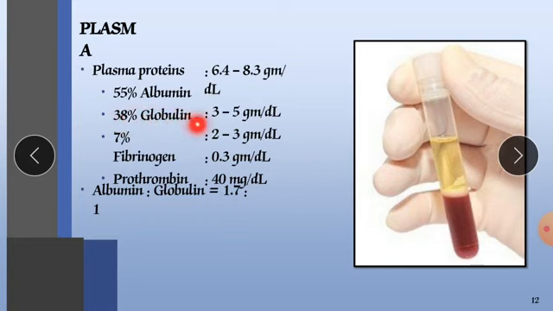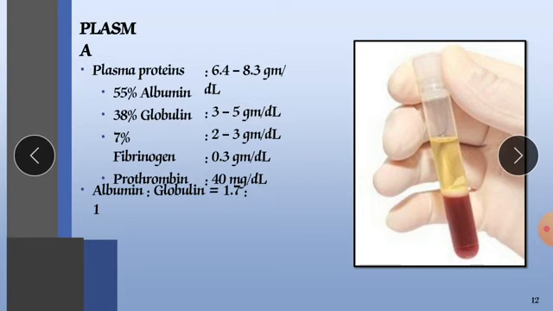They are 38%, at 3 to 5 grams per dl. They are large proteins, and plasma cells produce immunoglobulins. Immunoglobulins help attack viruses and bacteria.